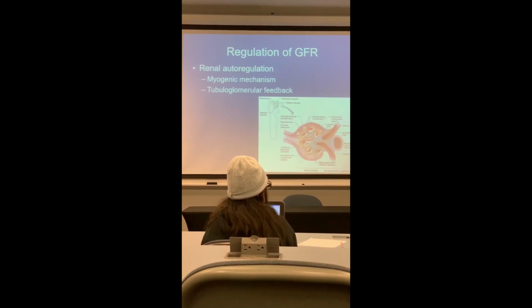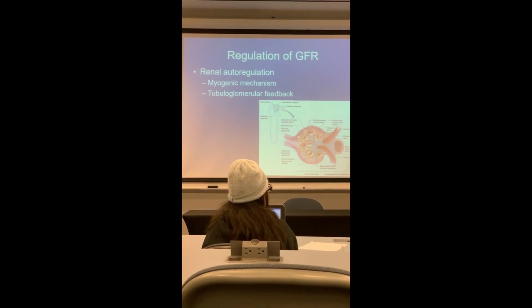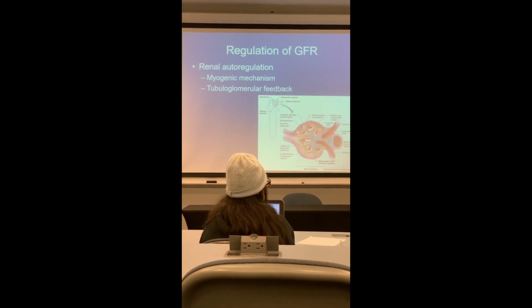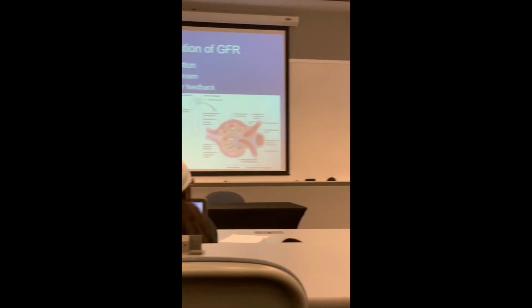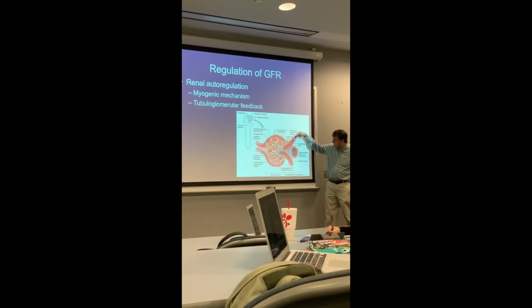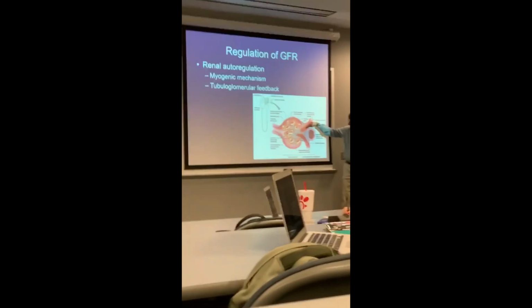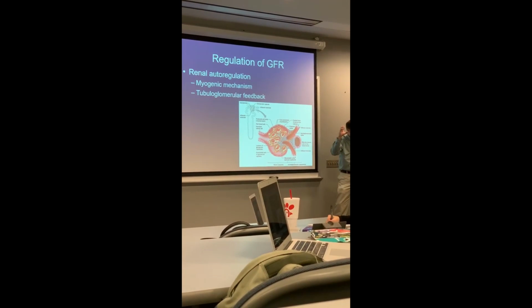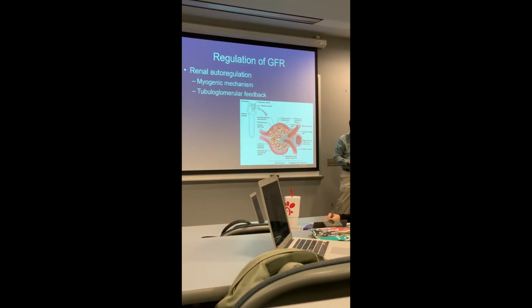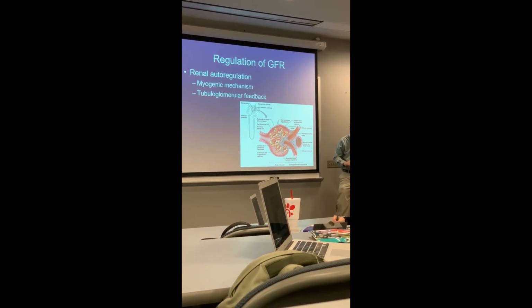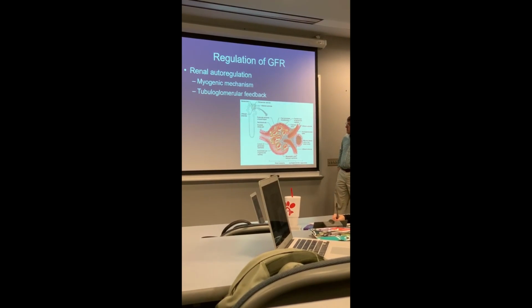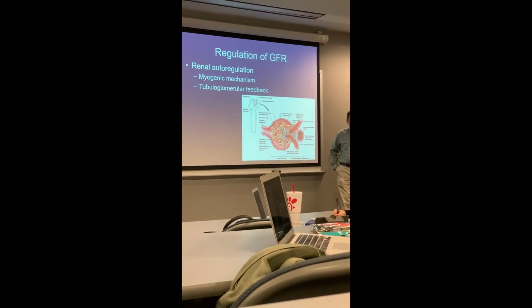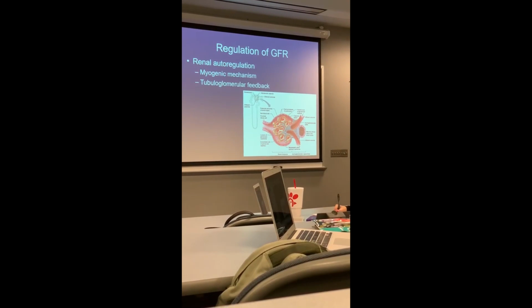Let's say you have vasoconstriction somewhere, and so more blood is directed into the kidneys, just because it's going to go anywhere that you don't have constriction. That will stretch this afferent arteriole, and it will reflexively constrict back and reduce the blood flow. So that's the myogenic mechanism. Very simple, or at least something we've discussed before.